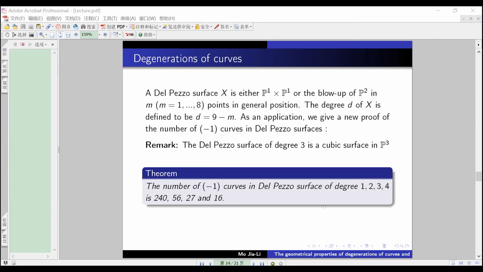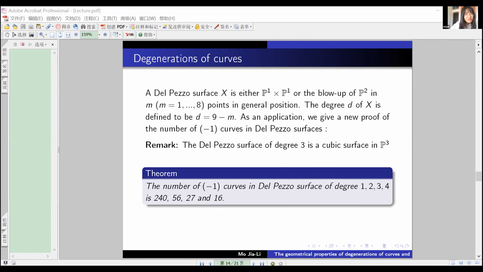Yes, okay, but this number, for example 240, is not the number of integer points. It is only the number of curves. You said about integral sections and -1 curves, yes.